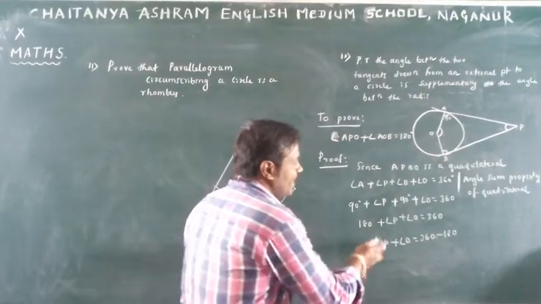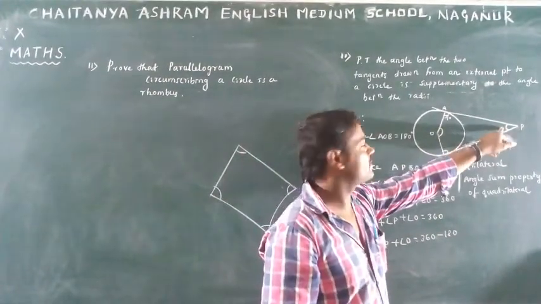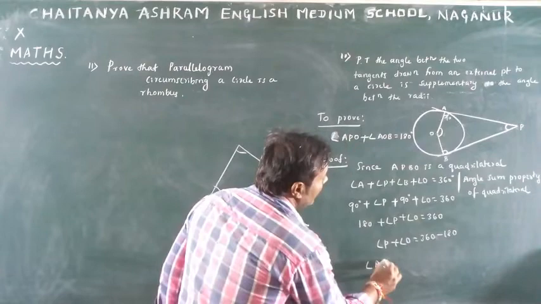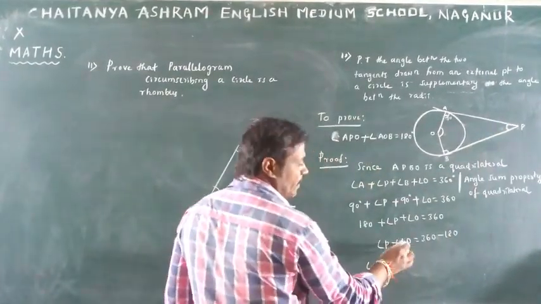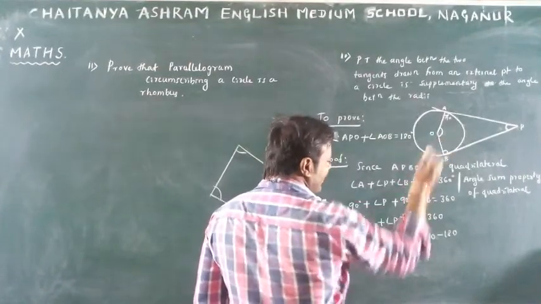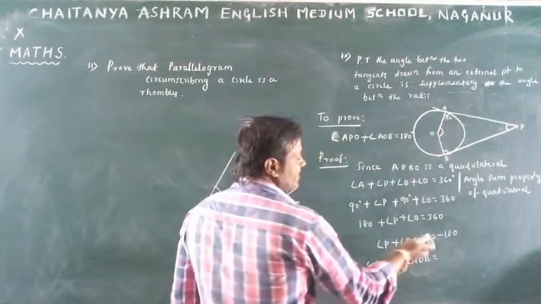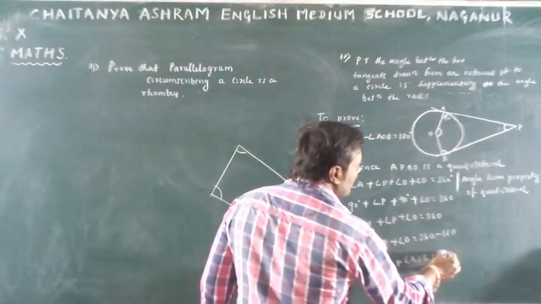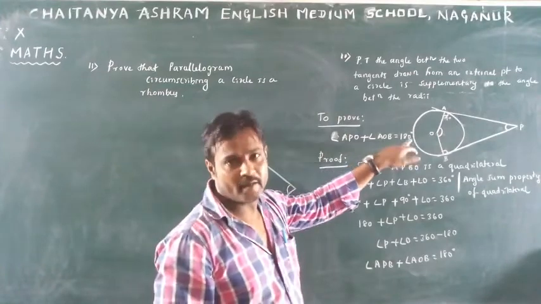Angle P, that is the angle between tangents, angle APB, plus angle O, that is the angle between radii, angle AOB, equals 360 minus 180, which is 180 degrees. Hence we proved the relationship.